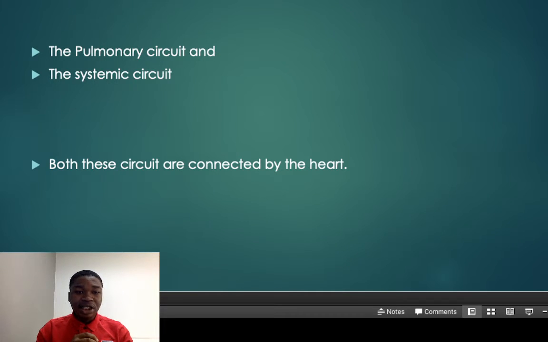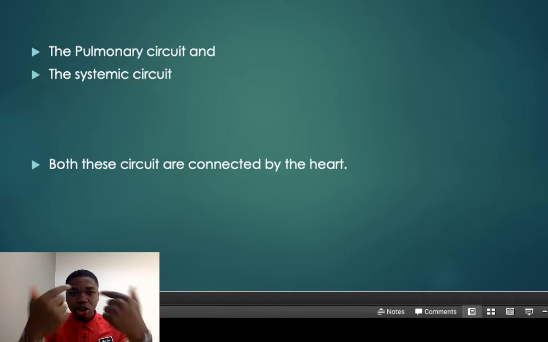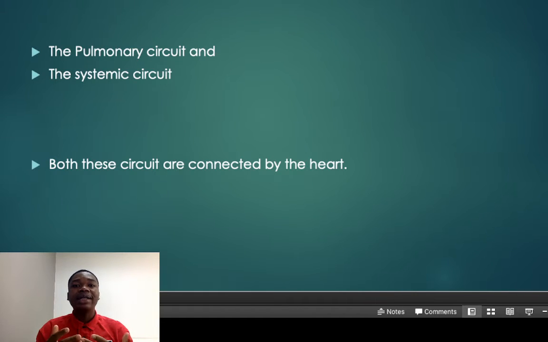To emphasize this in short, the pulmonary circuit is when the blood flows from the heart to the lungs and back from the lungs to the heart. Anything that has something to do with lungs is called pulmonary. I hope it makes sense.